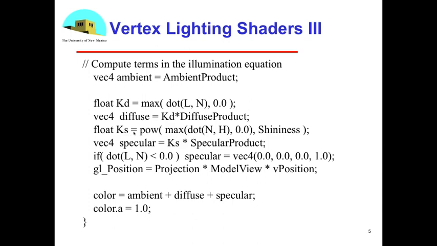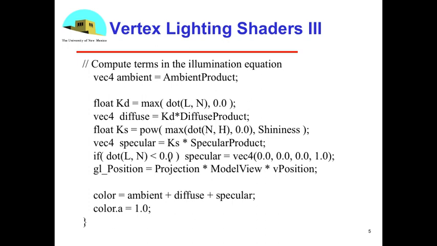I'm going to compute a constant Ks, which is the cosine raised to the shininess, except if this turns out to be negative, I want to do a check on that, so I take the maximum of that and 0, and then take that to the power of the shininess. Notice how we're using these GLSL functions in here to do all of this work. Then I multiply that by the specular product that I passed in.